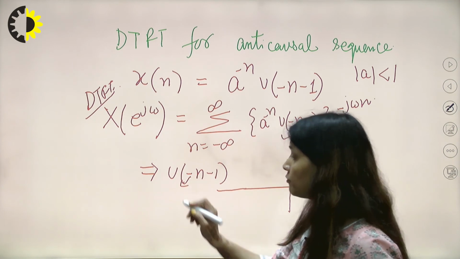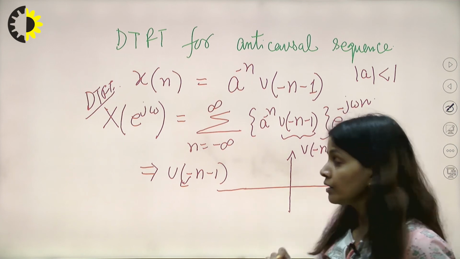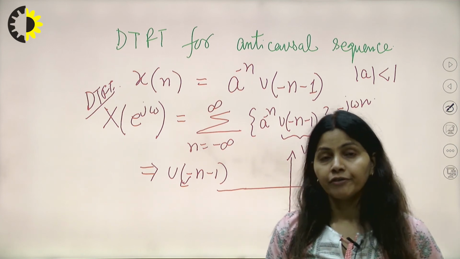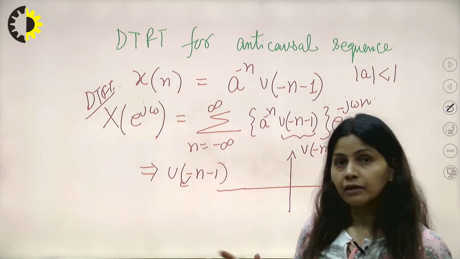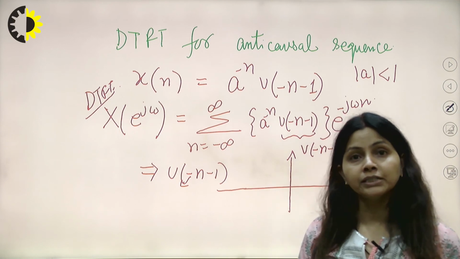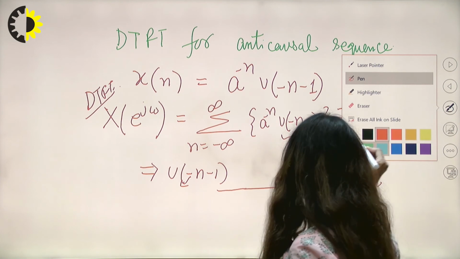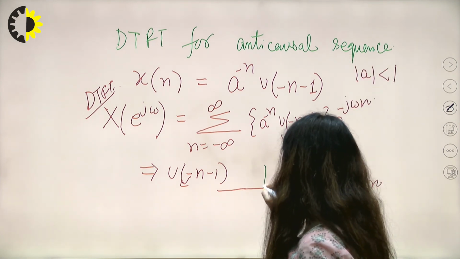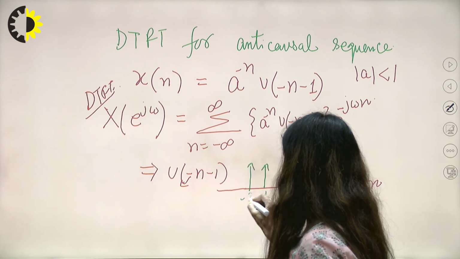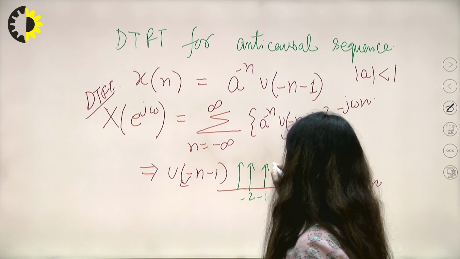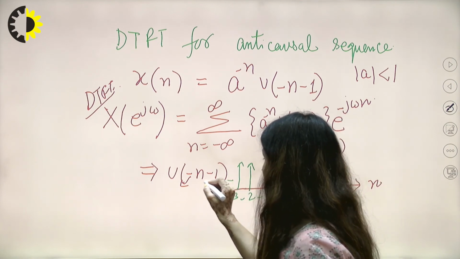This particular sequence is the folded sequence, so the values are defined only on the negative side. Whenever there is a -1 for a non-folded sequence, we shift it towards the right. For this particular case, we will shift towards the left. So the sequence would be from -1, -2, -3, and so on.